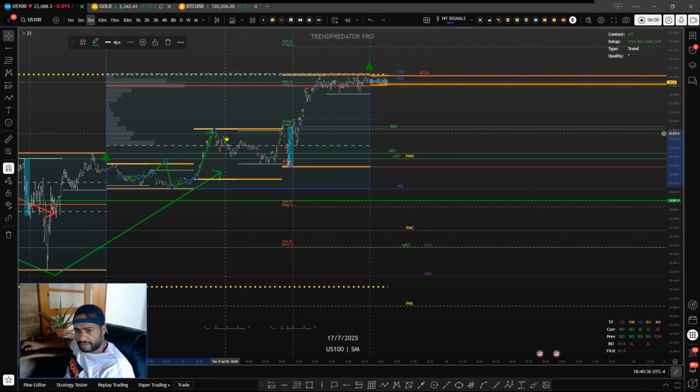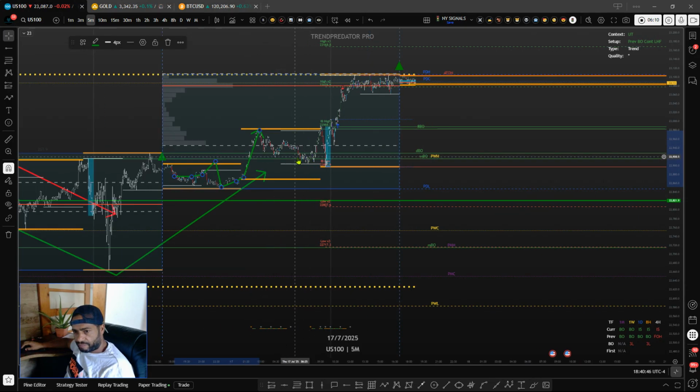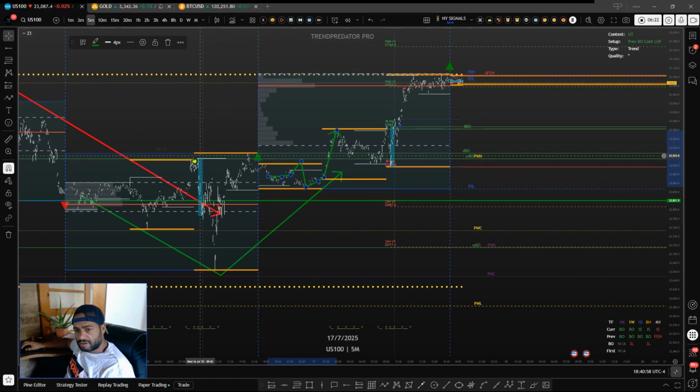So 3 major drives down, 1, 2, 3, coiling sideways, working the low of the day, well, at least of the second part of the European session. The highs of the prior day, as it were.